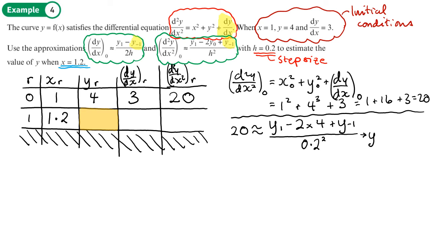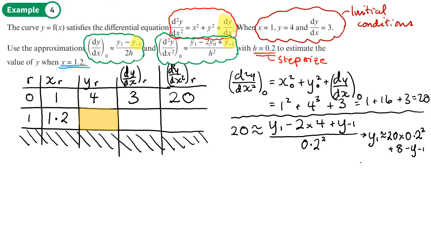So y1 is going to be approximately 20 times 0.2 squared, then minus 8, so we'll plus 8, and then it'll be minus y negative 1.